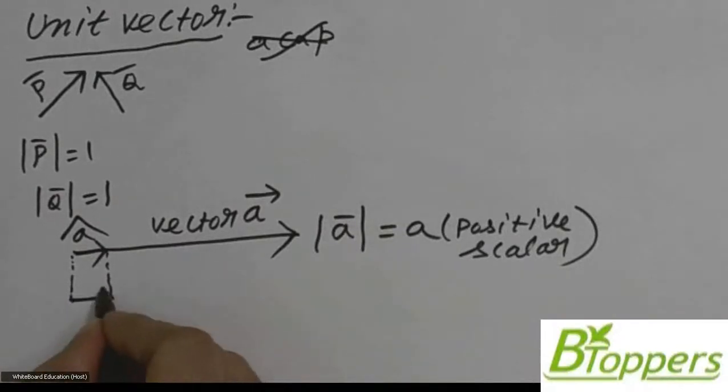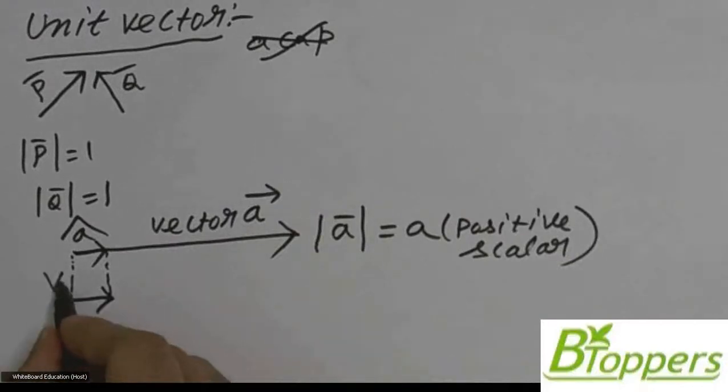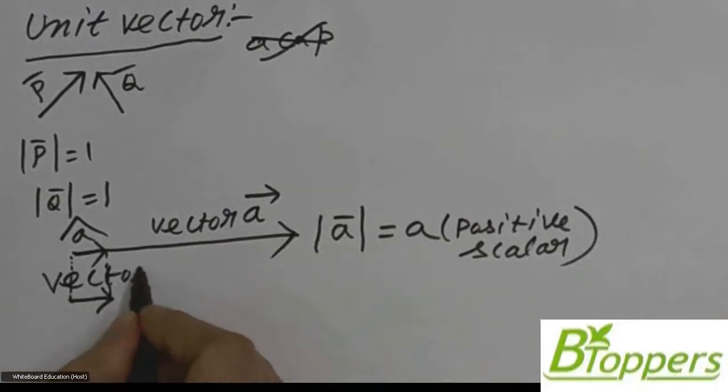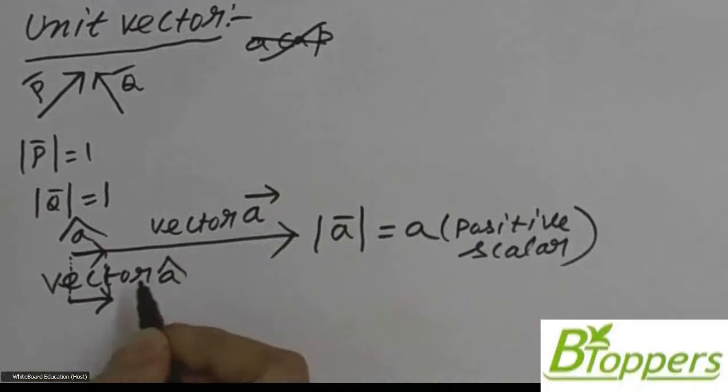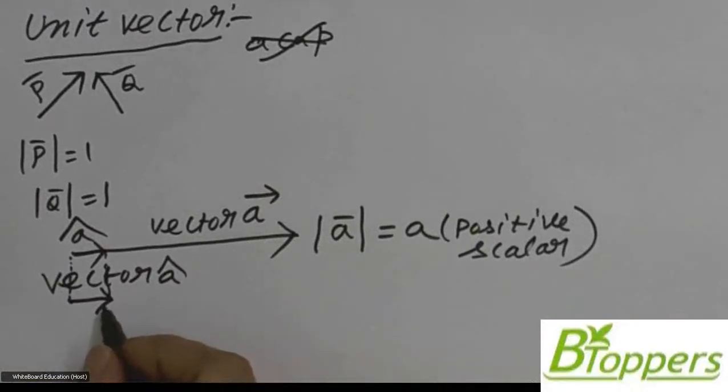Graphically, you can draw a vector at any place in the diagram without changing its magnitude and direction. So I have shown the vector A cap separately.